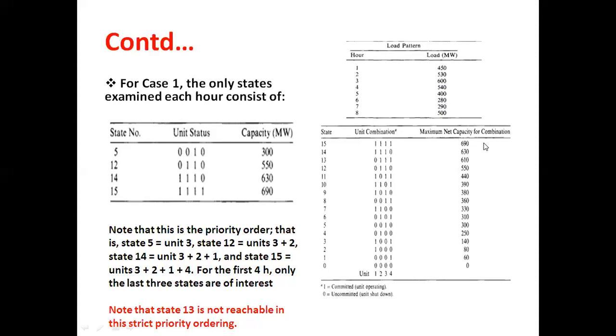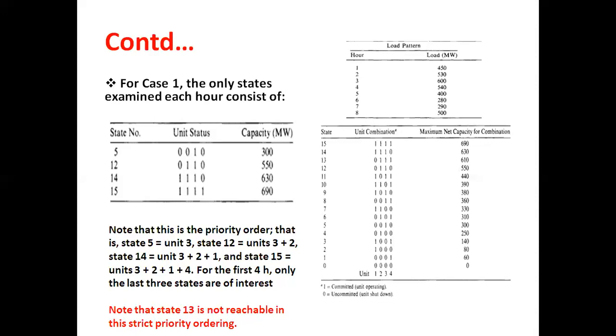Among all the combinations that we have tried, state 5 has 300 megawatt capacity. It is always done on the basis of the strict priority list.